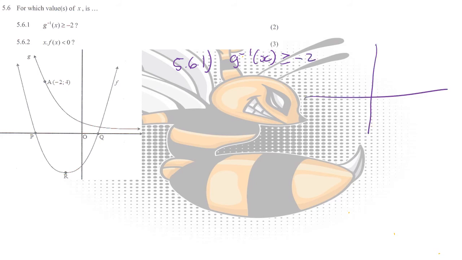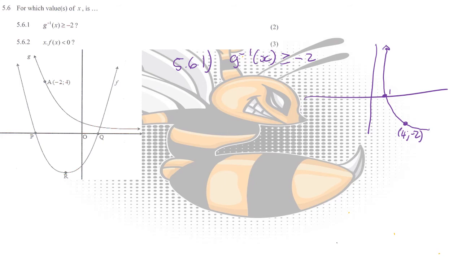So if we go by the function, we know that we just drew it and it looks something like this. So there it would be 1, and then somewhere here we'll have the coordinate (4, -2). And then from there, we now just need to determine where will the inverse of g always have an answer greater than minus 2?